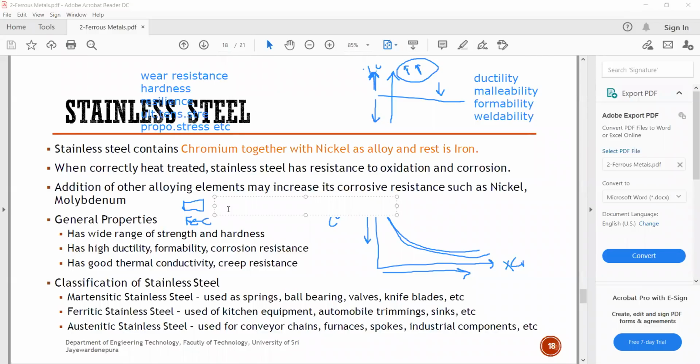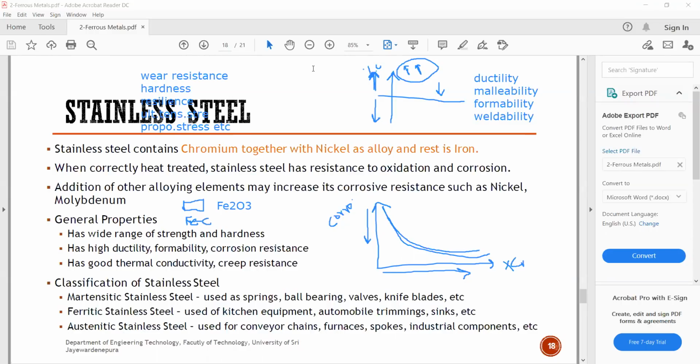It will easily form iron oxide, Fe2O3, right? That means when you expose this steel to the atmosphere, the steel will easily rust, right?